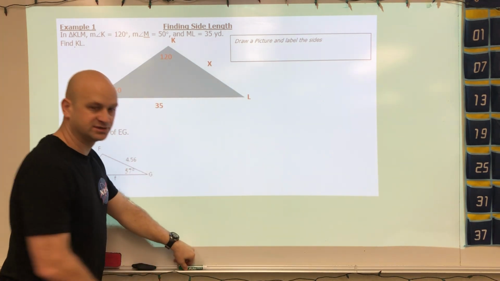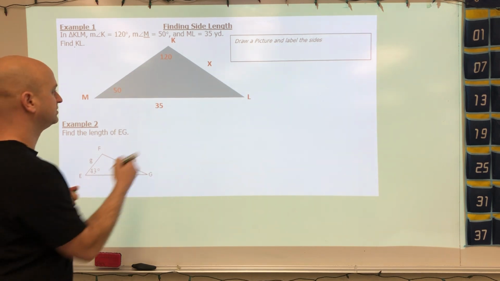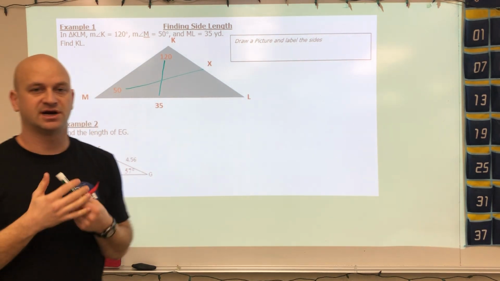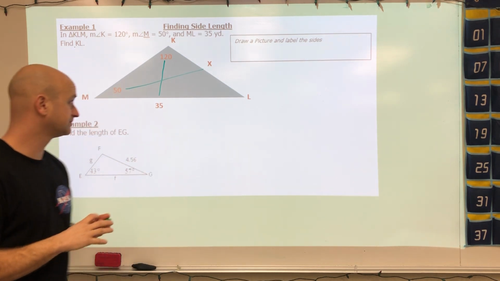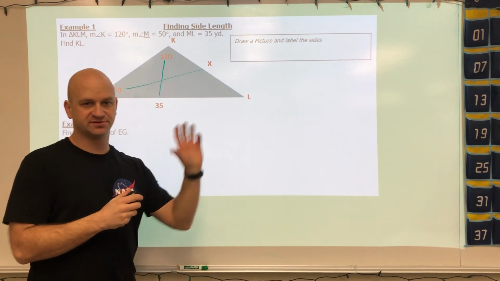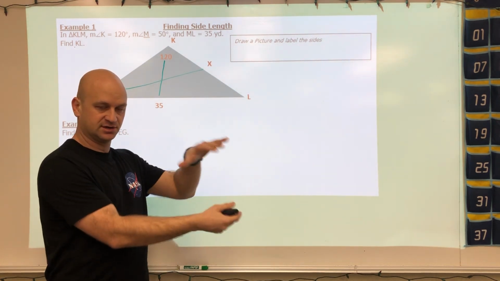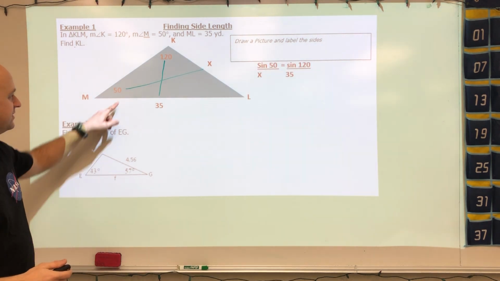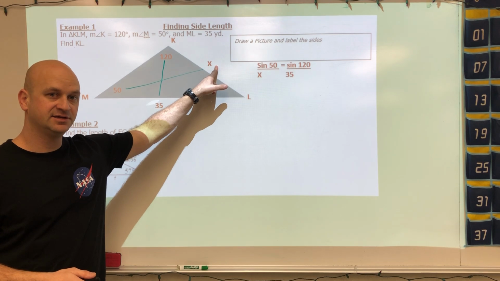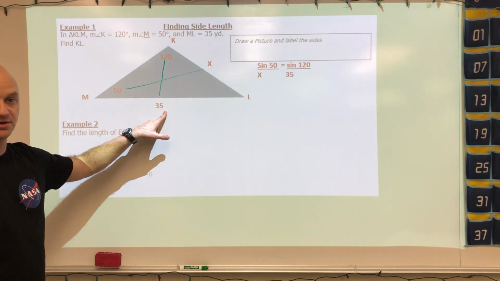So the first thing we're going to do in these problems, if it's not already given to you, is connect angles to their opposite sides. We want to connect these things. And the reason is I feel like this is a really good visual representation to make sure that you write your fractions appropriately. So we had talked about the sine of one angle divided by the opposite side is equal to the sine of the other angle divided by its opposite side.